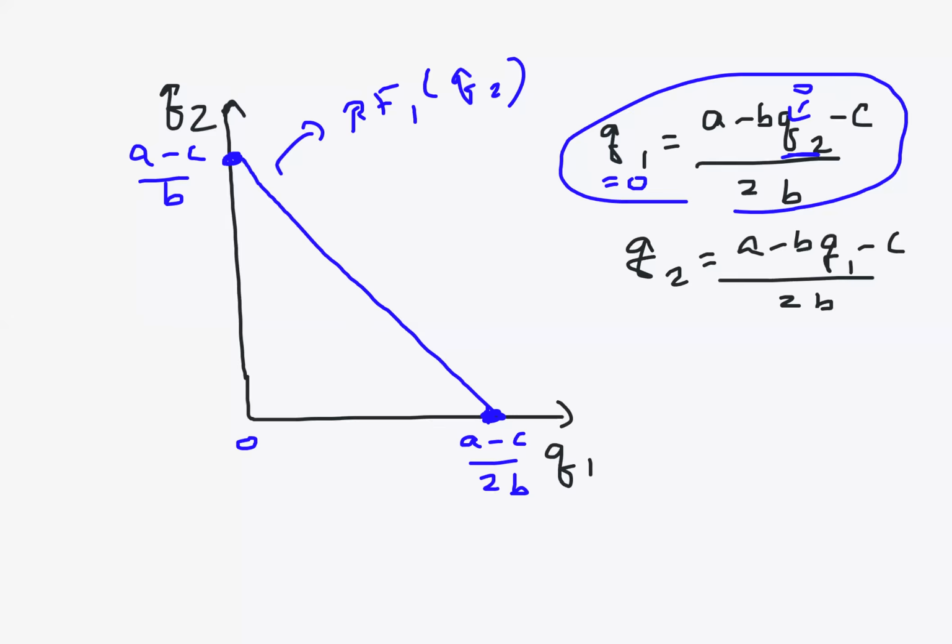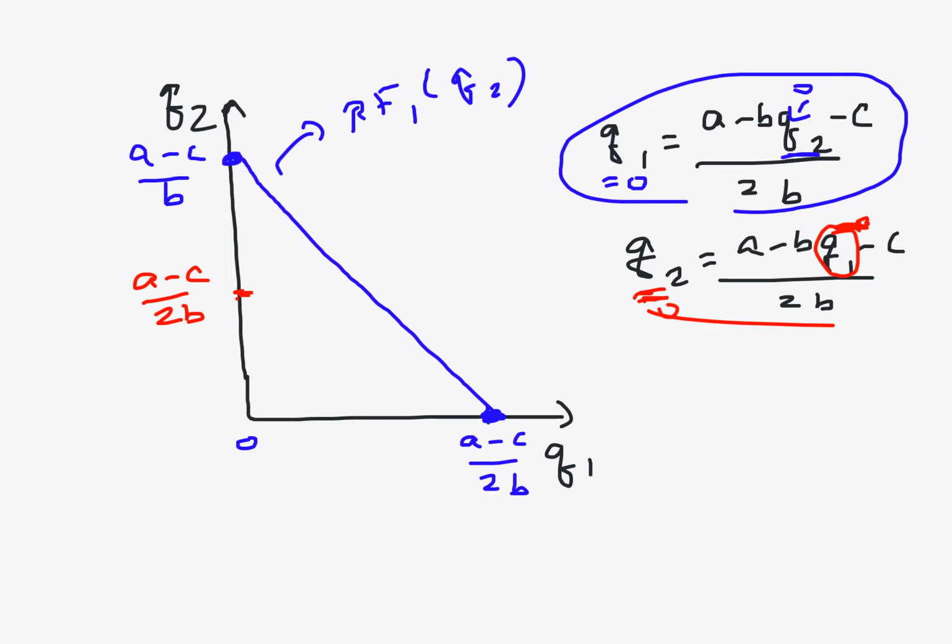Similarly, you can find the reaction function of firm 2, with the exact same logic. Firm 1 chooses to produce Q1 equals 0. How would firm 2 respond? The answer is (A minus C) over 2B. So if firm 1 produces 0 units, then (A minus C) over 2B is, let's say, here. And for some output of Q1, firm 2 will choose to produce 0 units.